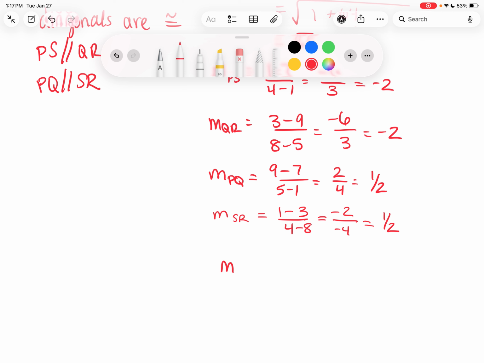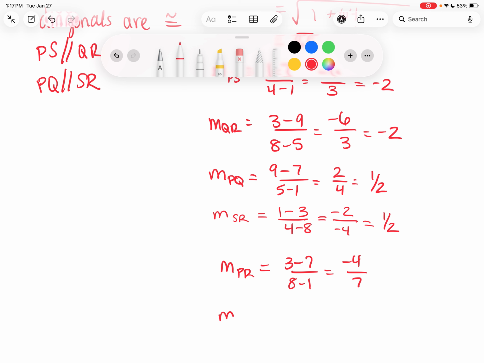So the slope of PR would be 3 minus 7 over 8 minus 1. So that's negative 4 over 7.